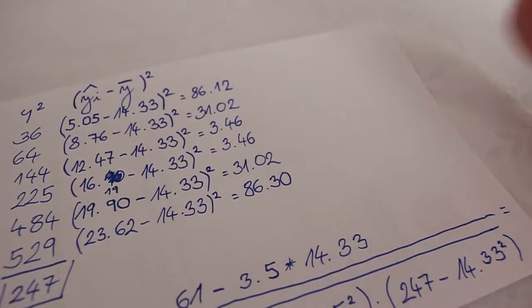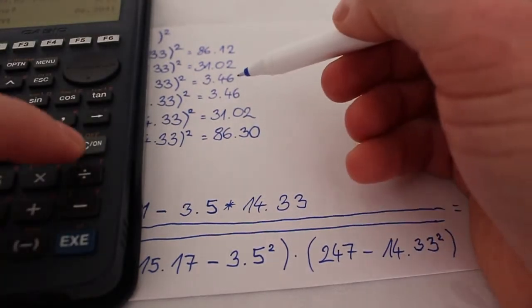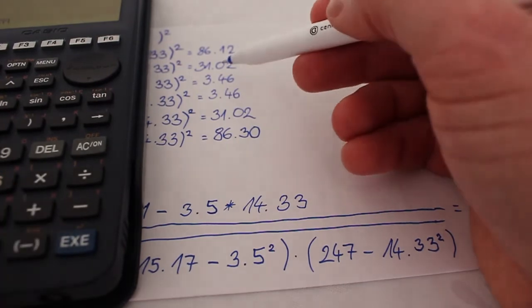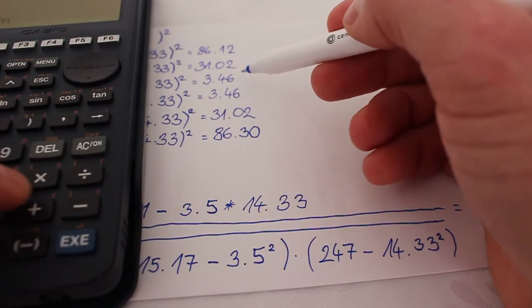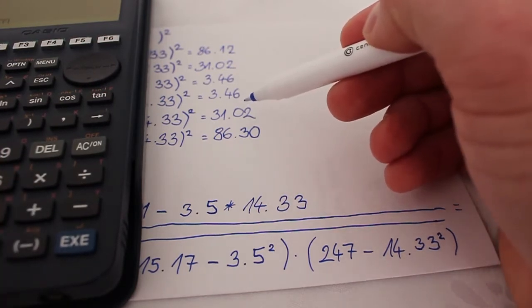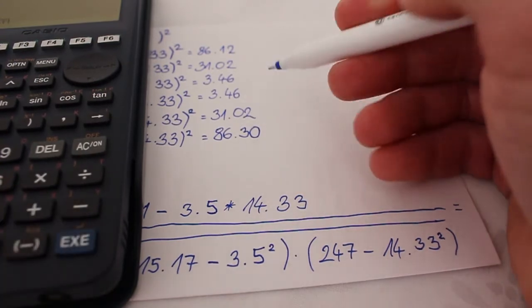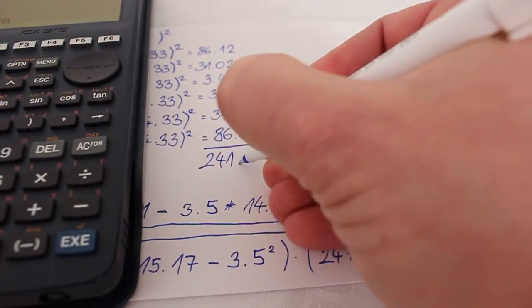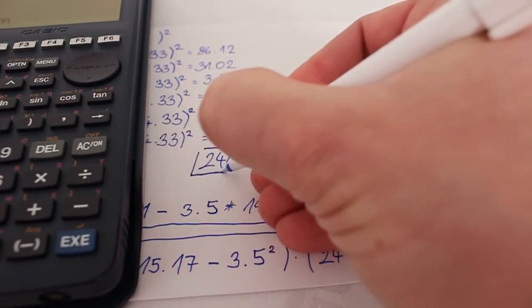So now I will calculate the sum of these values: 86.12 plus 31.02 plus 3.46 plus 3.46 plus 31.02 plus 86.30 equals 241.38.